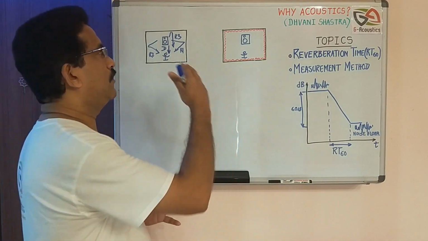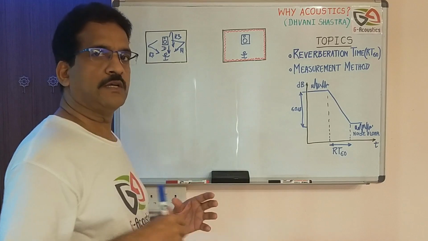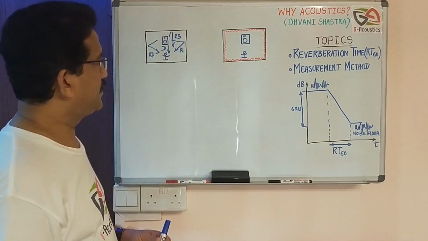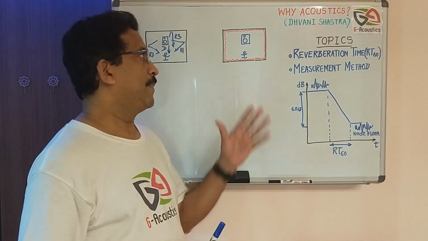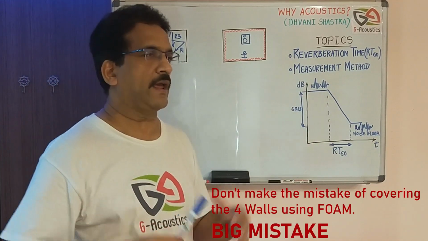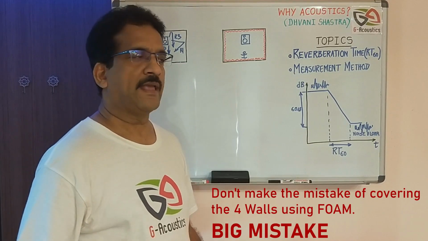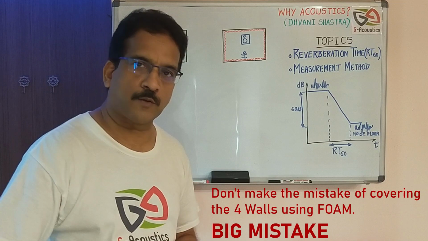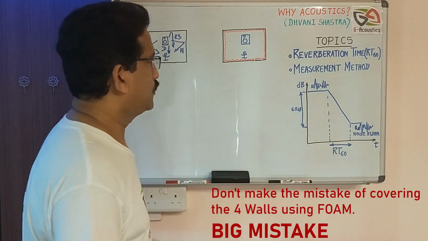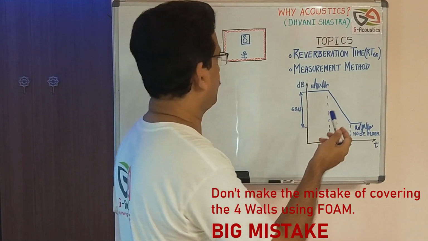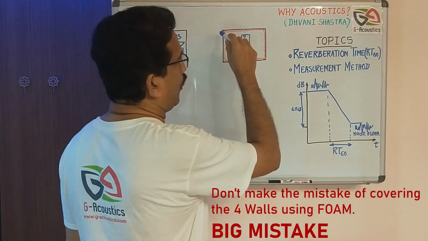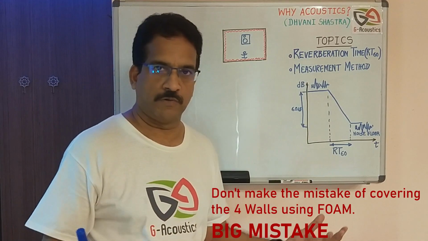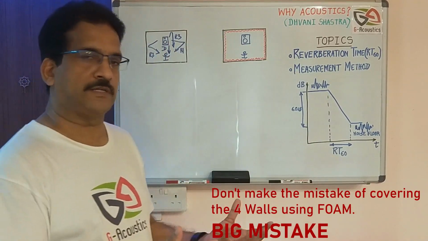More delay of any reflected sound is going to create a lot of echo inside the room. The conventional method people used was to just cover the wall: they say, I need to do acoustics for this room, and they put some absorption material around it. Let us assume the extreme condition, where all four walls, maybe including the ceiling, are fully covered with foam, an absorbent material.